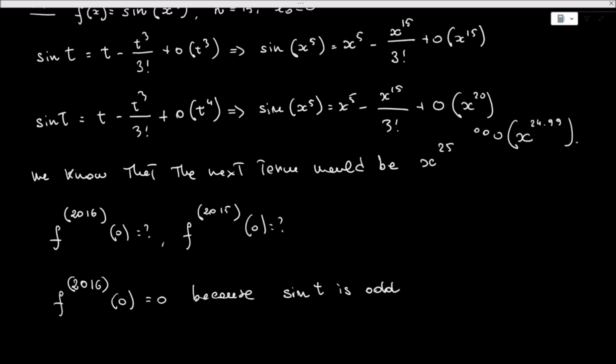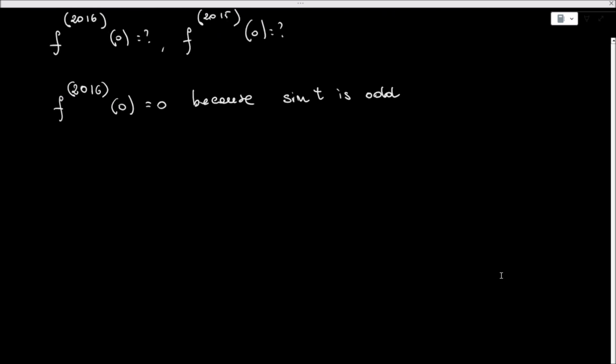So the only possibility would be, of course, for all the derivatives of even order to be equal to 0.